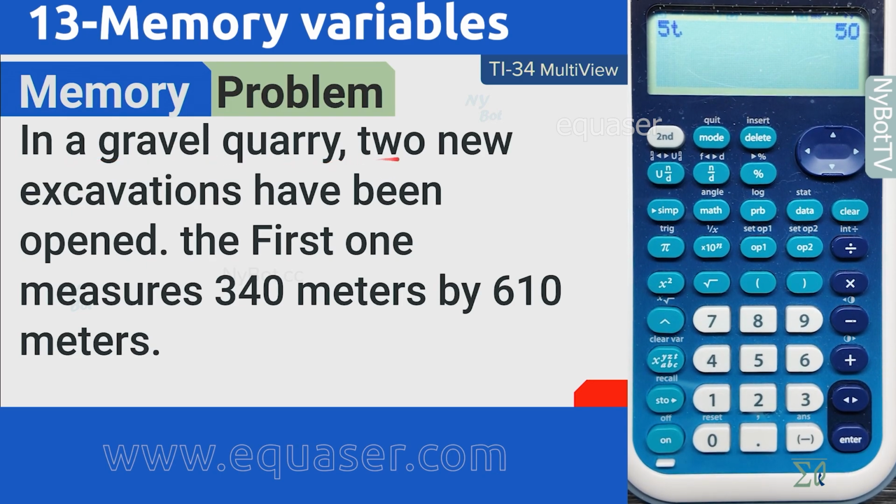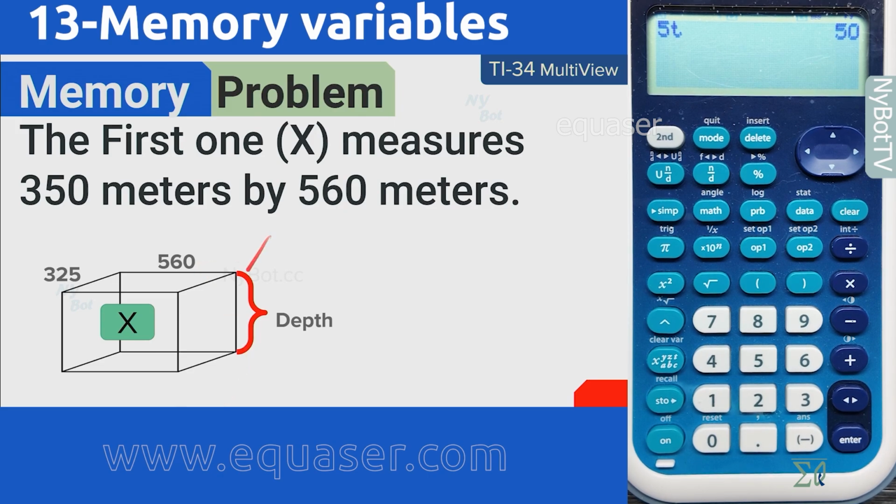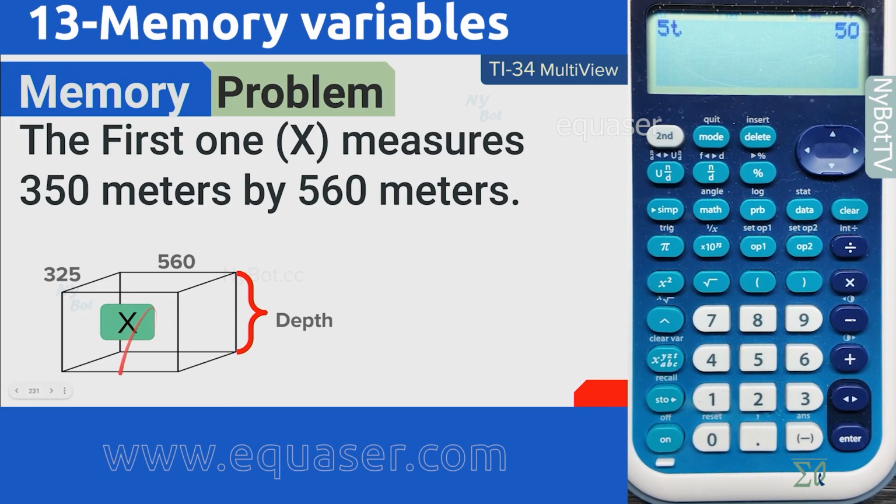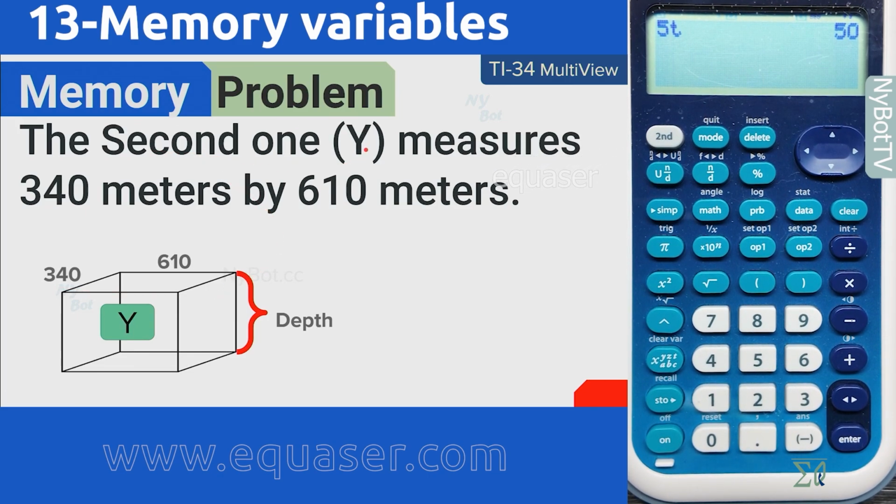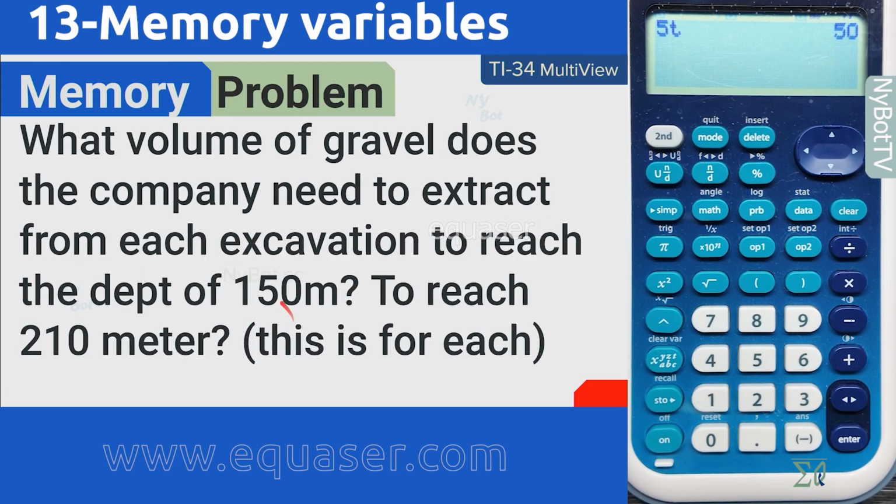Now here is a problem using memory. In a gravel quarry, 2 new excavations have been opened. The first one measures 340 meters by 610 meters, and we call this excavation X. The depth is not given, it's just length and width. And for the second one, Y, 340 by 610 meters, again depth is not given.